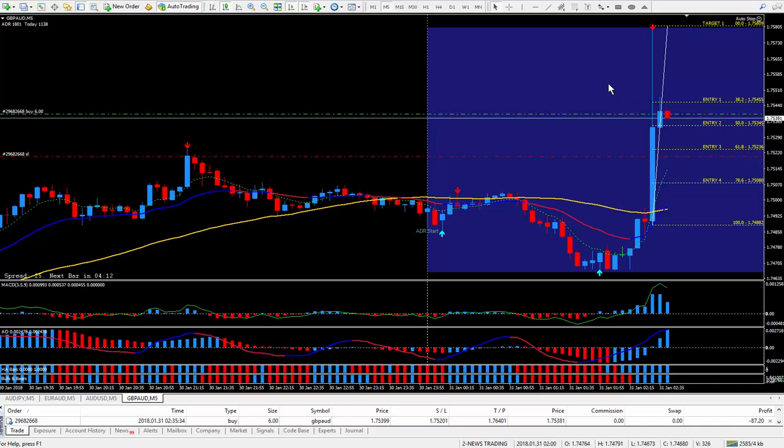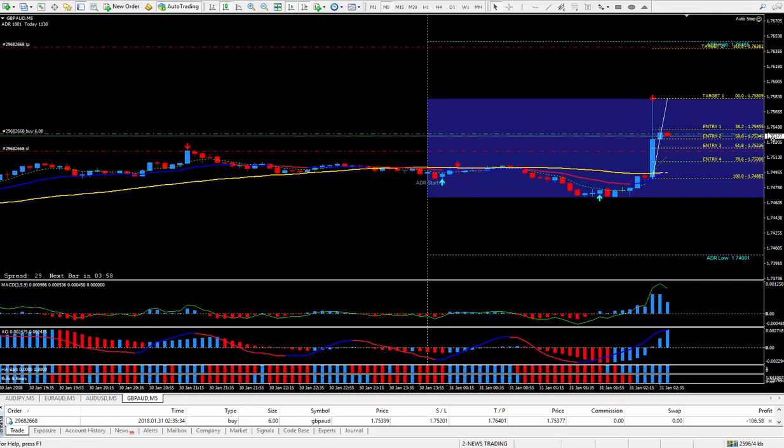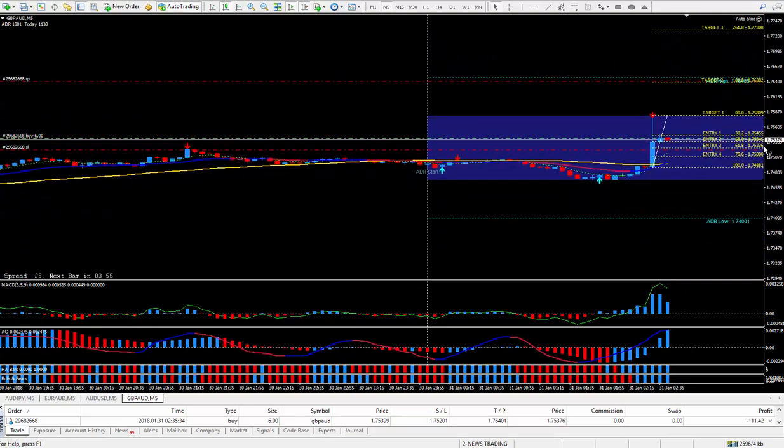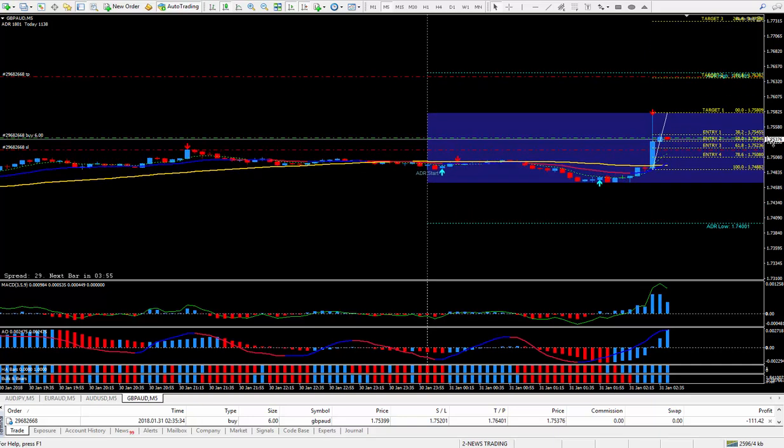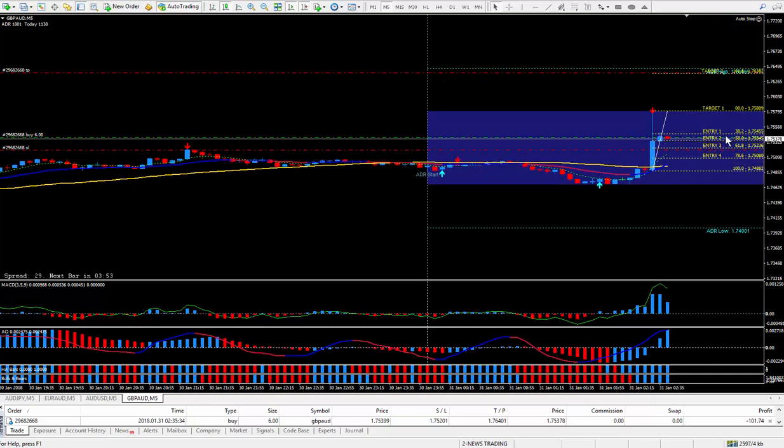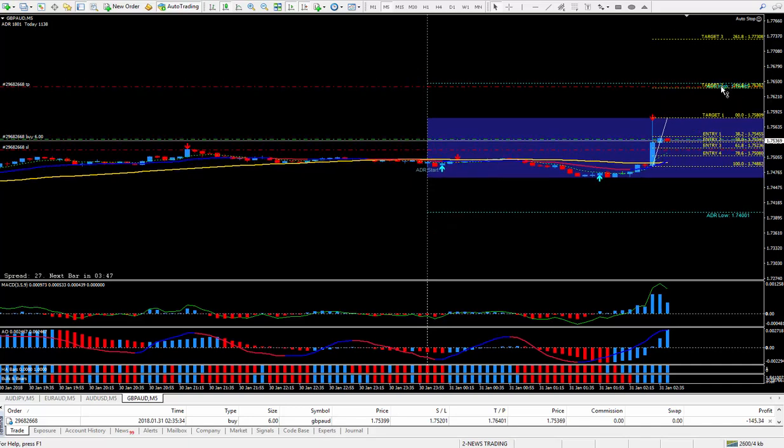Now that is one way to trade. I'm expecting it to fluctuate a little bit here, but it should work its way up. I just wanted to show you this advanced Fibonacci tool that I built. It's like 3 Fibonacci's in one. Get the entry 1, 2, and 3, and then your targets is either target 2 here or target 3 there.